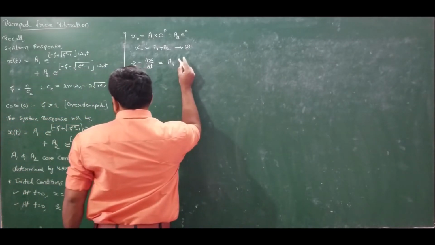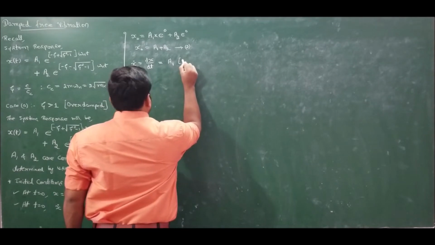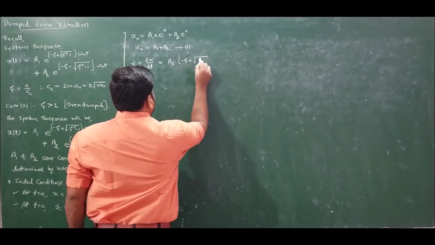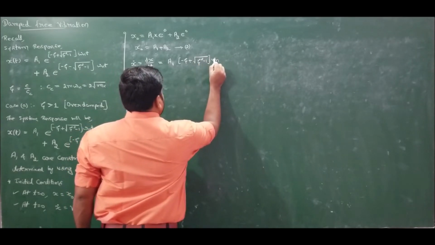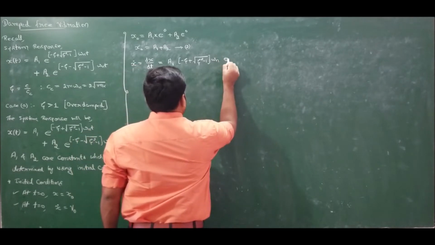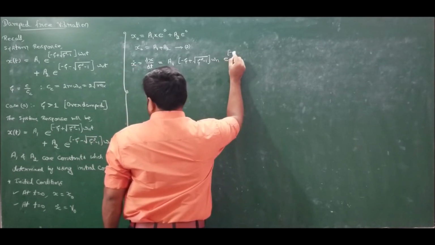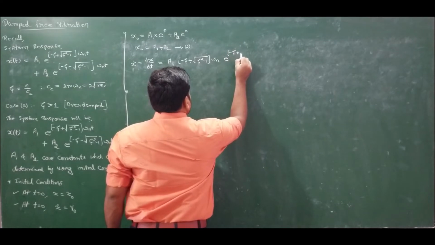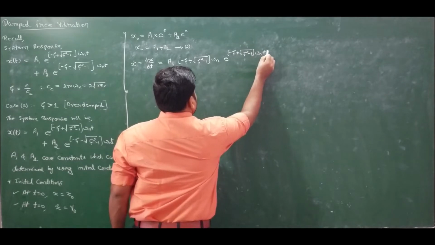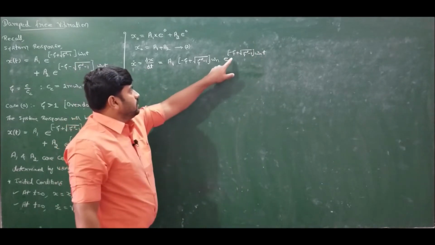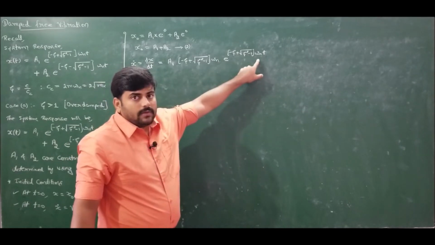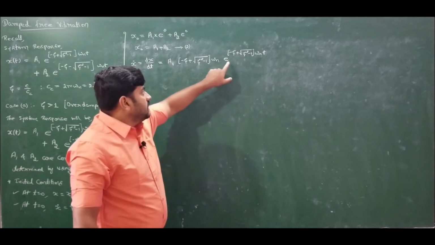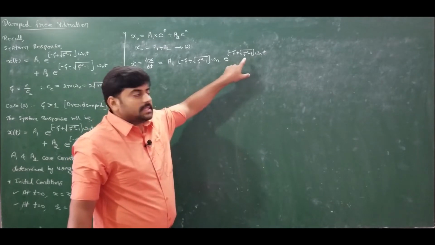Hence the differentiation gives a, that is minus zeta plus root of zeta square minus 1 into omega n, times e to the power of minus zeta plus root of zeta square minus 1 into omega n t. Here the variable is t, so it is of the form e to the power of at, and the derivative of e to the power of at with respect to t is a e to the power of at.